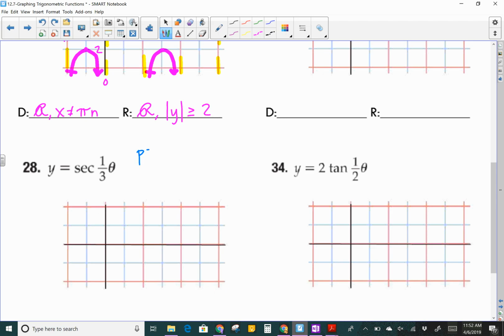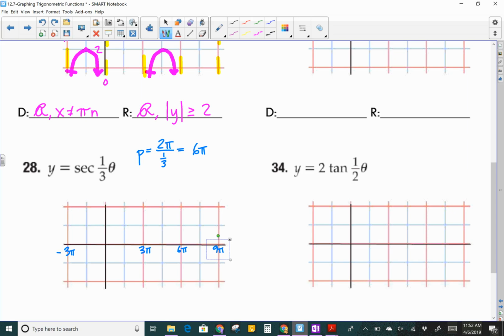My period is 2 pi over b, which is 1/3, and 2 pi over 1/3 is 6 pi. So 4 tick marks, I'm going to label it 6 pi. Halfway is 3 pi. Add them together to get 9 pi. Opposite, negative 3 pi.